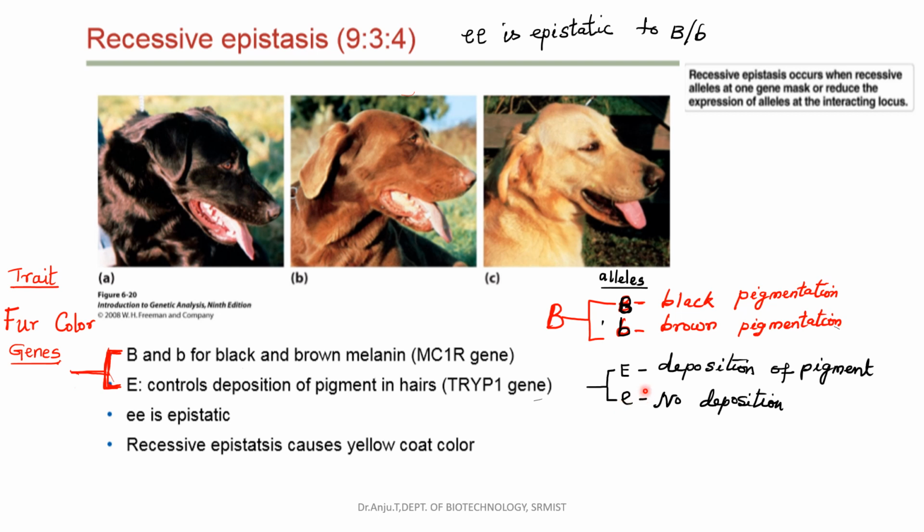But the recessive allele, small e, prevents the deposition, so there is no deposition of the pigment on the hair. Therefore, the fur color will be yellow. So here the recessive allele of gene E, which controls the deposition of the pigment, is epistatic to the pigmentation gene, whether in the dominant or the recessive form.